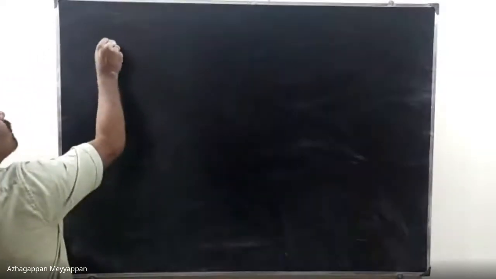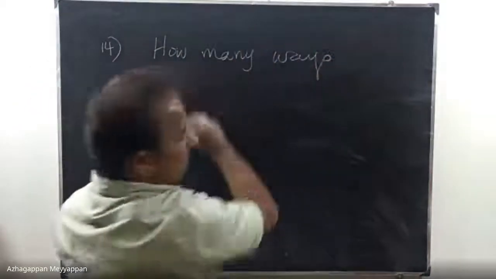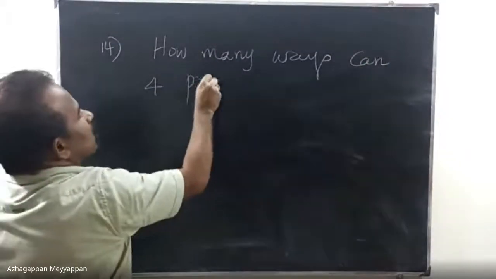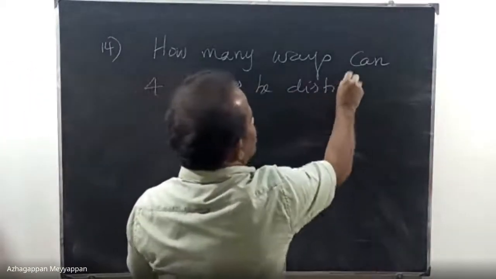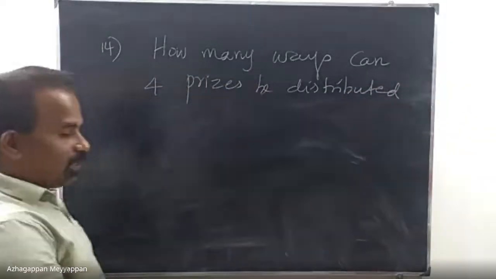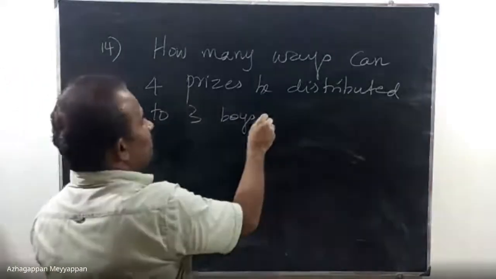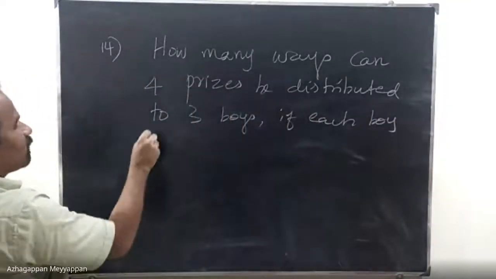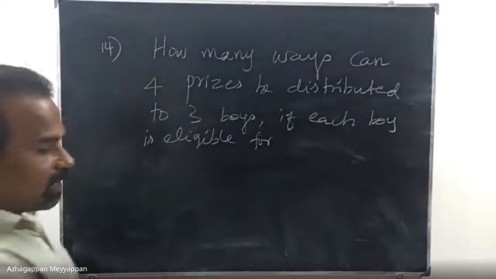The next question is, how many ways can 4 prizes be distributed to 3 boys, if each boy is eligible for all the prizes.